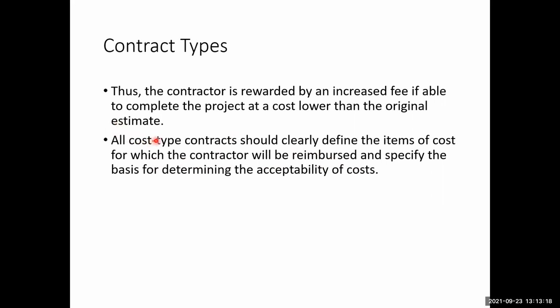The cost type contracts, although they are very attractive to calculate and follow up, for their implementation we should have an idea about which items we are calculating the costs for. So a clear definition of the items of the cost and what items will be reimbursed should be specified in the contract.